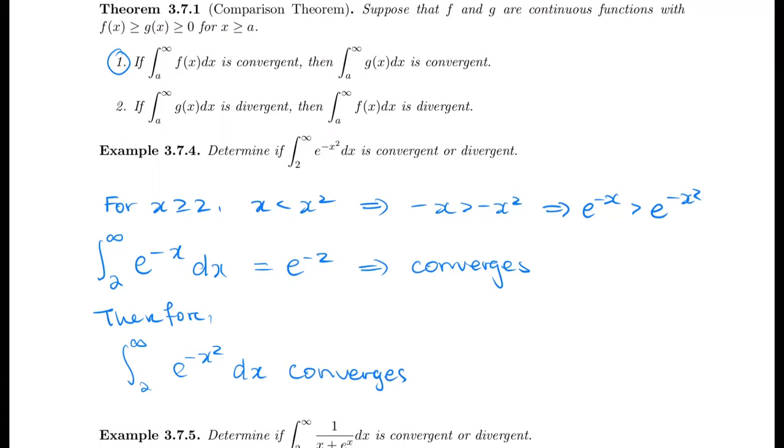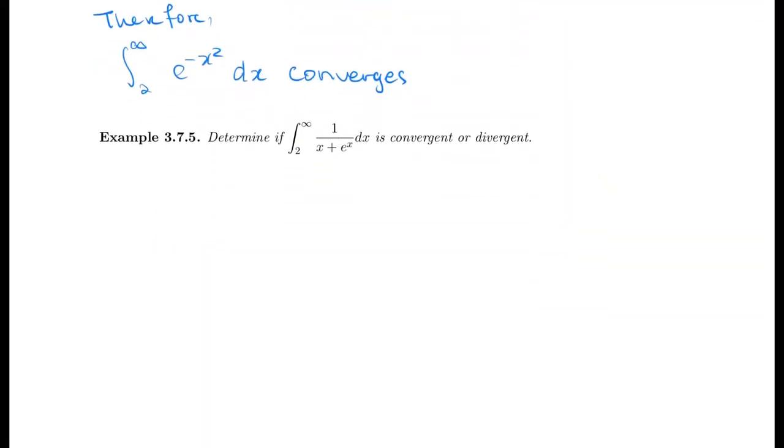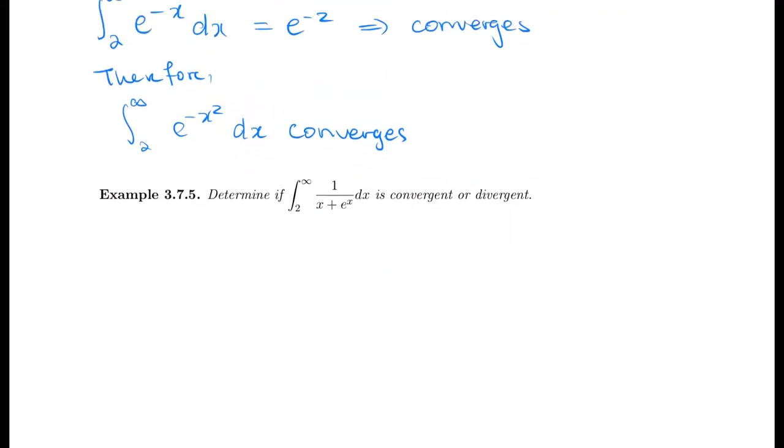Okay, so let's try this one. Determine if this integral, 1 over x plus e to the power x dx, converges or diverges. So same thing, same style. For x greater than 2, we know that x is also greater than 0.